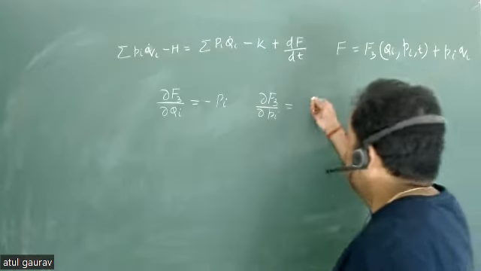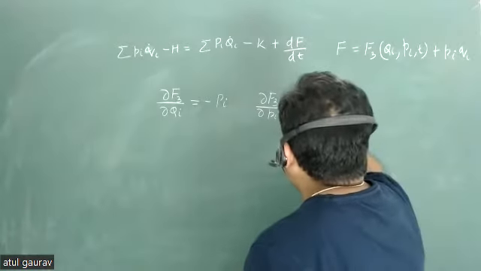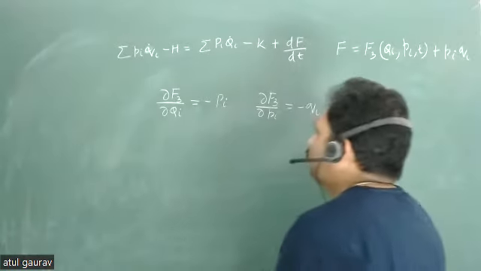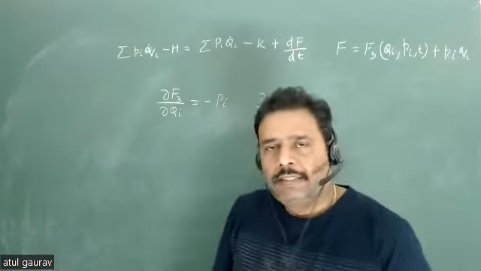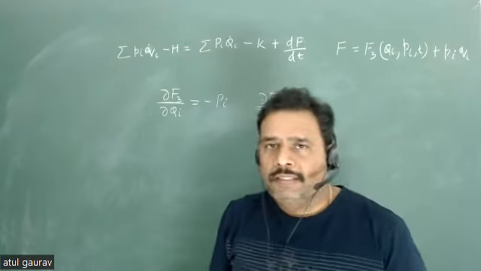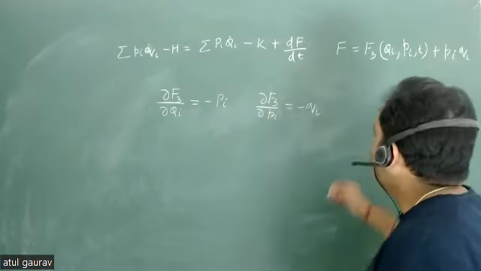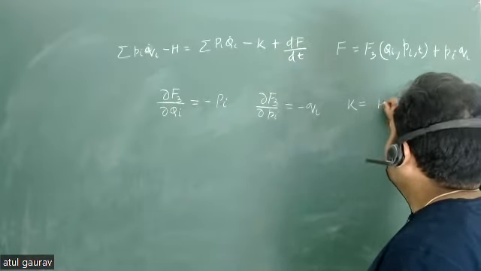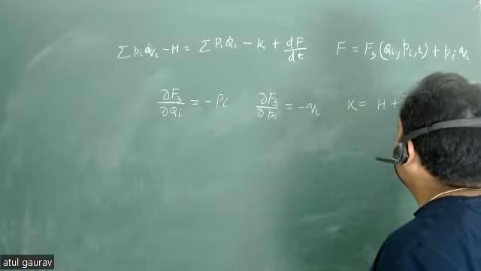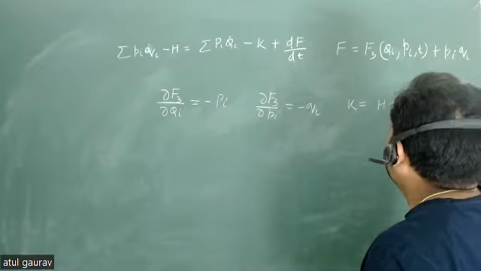The QI, that will be also minus. So always remember, in F2 both are plus, positive. In F3 both will be minus. And last but not the least, k is equal to h plus del F3 upon del T.